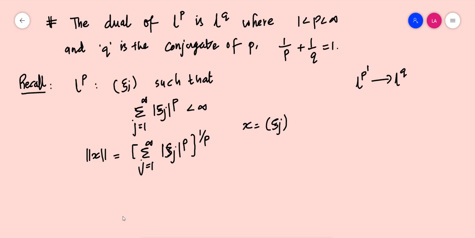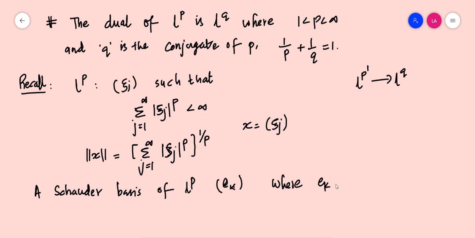Okay. So consider the Schauder basis. A Schauder basis of the space LP is denoted by the sequence Ek, where Ek is defined as equal to 1 when k is equal to j, and equal to 0 if k is not equal to j.